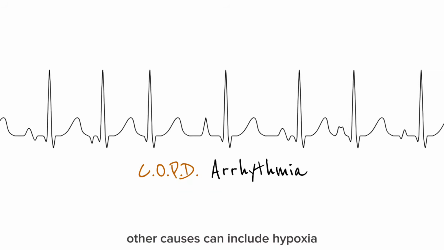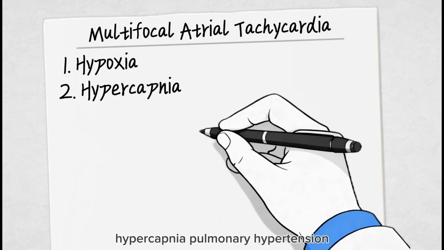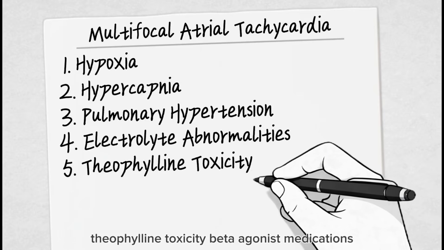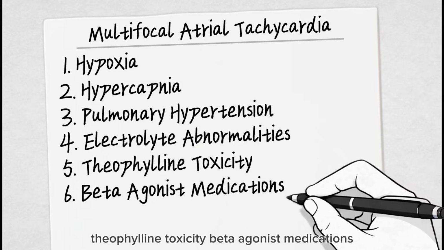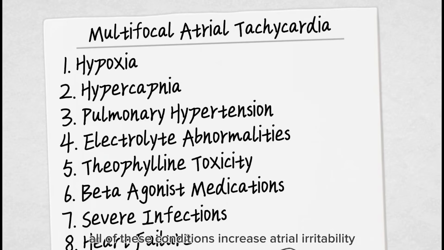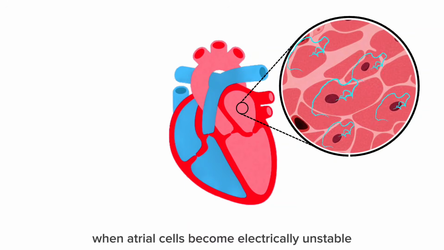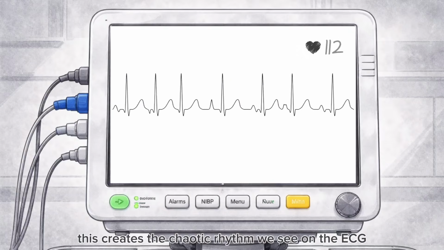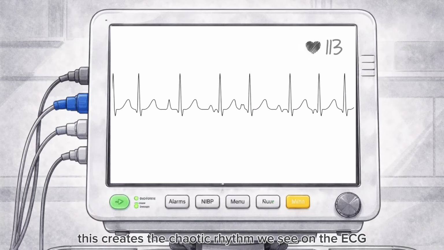Other causes can include hypoxia, hypercapnia, pulmonary hypertension, electrolyte abnormalities, theophylline toxicity, beta agonist medications, severe infections, and heart failure. All of these conditions increase atrial irritability. When atrial cells become electrically unstable, multiple pacemakers begin firing randomly throughout the atria. This creates the chaotic rhythm we see on the ECG.